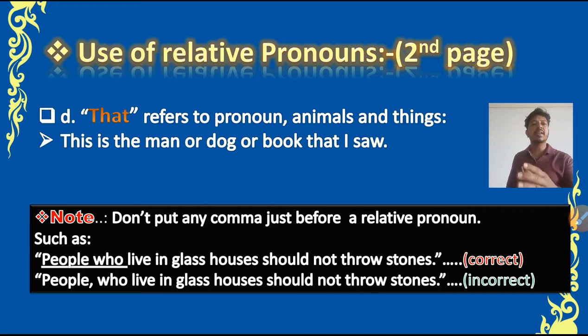So here it is the correct one, but if you put a comma after people and before the relative pronoun, it will be incorrect. Just follow these rules, and you will be able to write correct English and use every type of pronouns correctly, also relative pronouns.